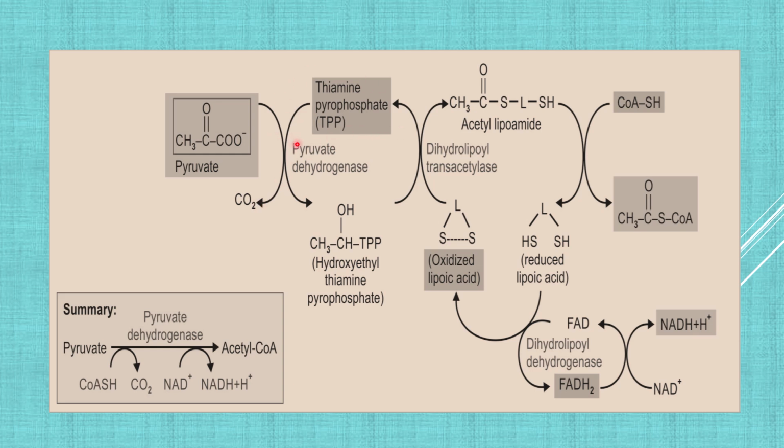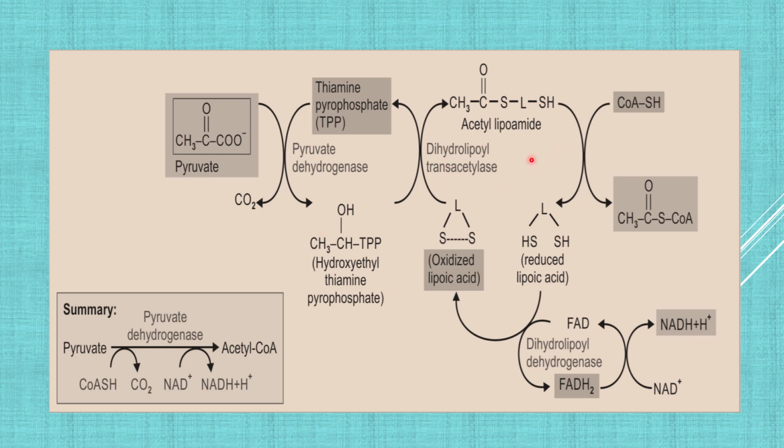In the presence of TPP, it is converted into hydroxyethyl thiamine pyrophosphate, which along with oxidized lipoic acid converts into acetyl lipoamide, and the reaction is mediated by dihydrolipoyl transacetylase. And in this reaction, there is a release of thiamine pyrophosphate. Now it is recycled for reuse in the previous reaction.